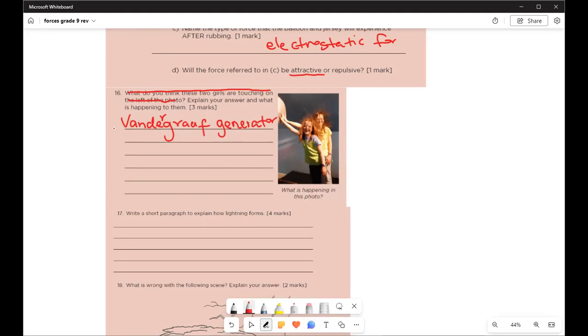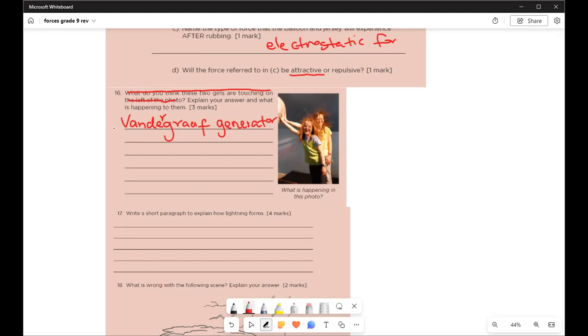So the charges are transferred from the generator to the girls. The reason their hair is rising is because the buildup of charges goes to the hair, and those charges are of the same sign. So they cause repulsive forces on the strands, causing them to lift up in opposite directions. The hair strands are repelling each other because of the same charge being transferred. And that's it, right?